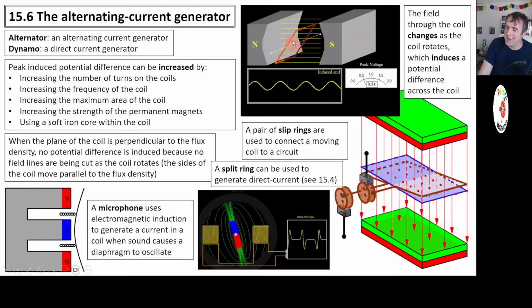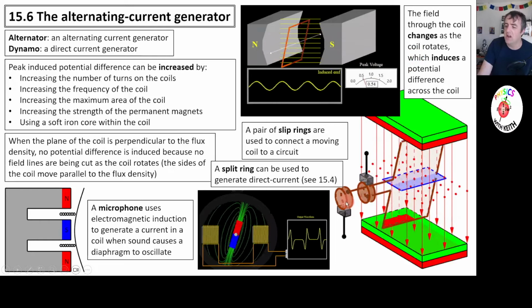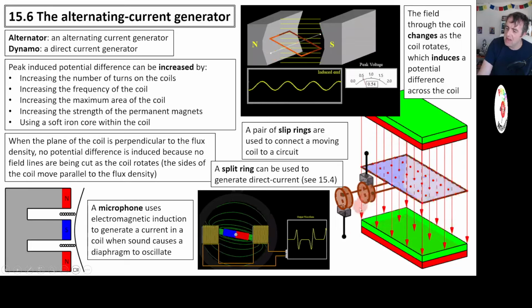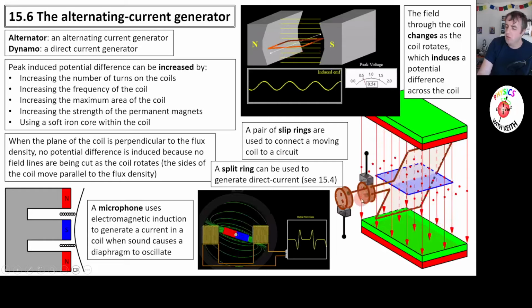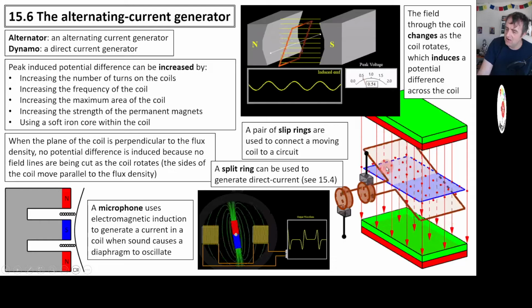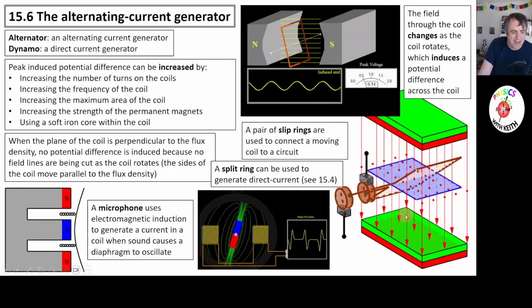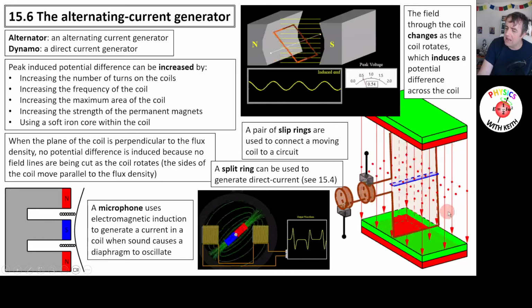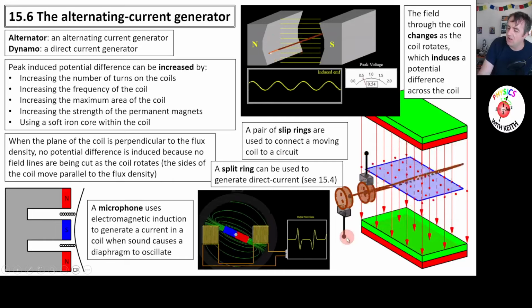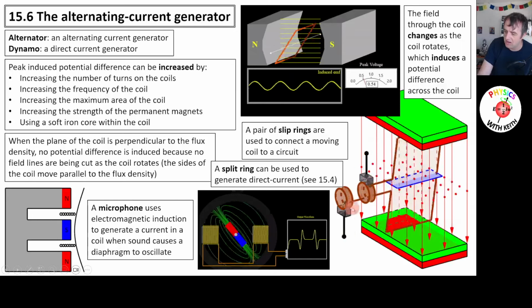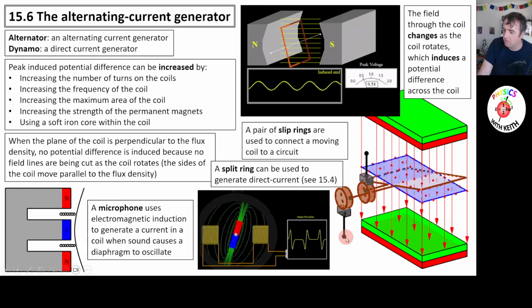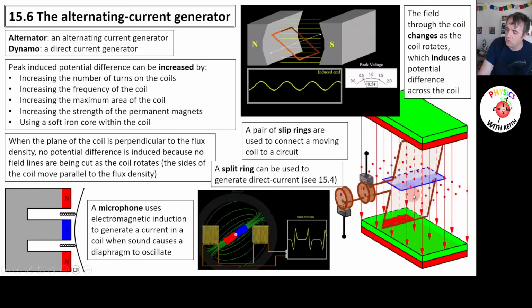What we could do is we could connect this to a circuit by using another type of commutator called a slip ring commutator. Here, we don't have a split. We just have two brass rings connected to our carbon brushes. And so if we mechanically pull this coil around, make it move by pushing it, and we have something connected to the other terminals of these commutators, this terminal at the top and this terminal at the bottom, then there's a constant electrical connection with the coil.